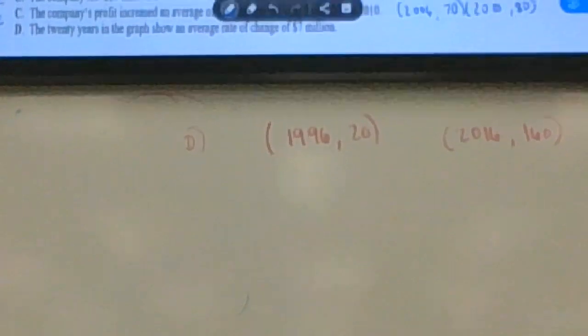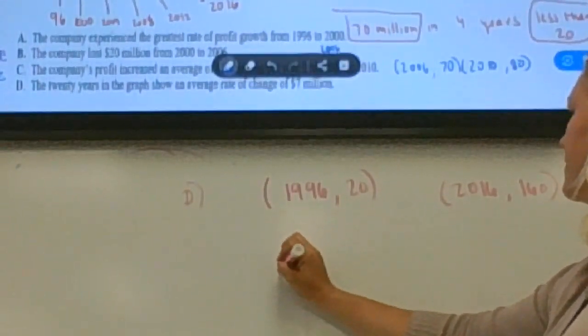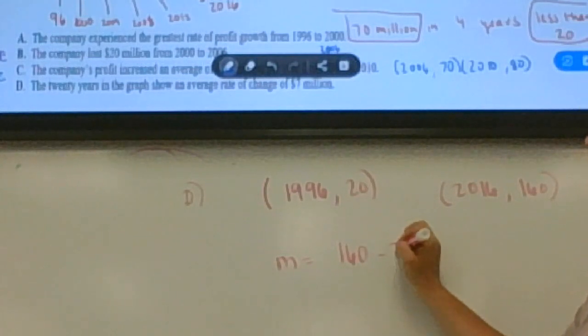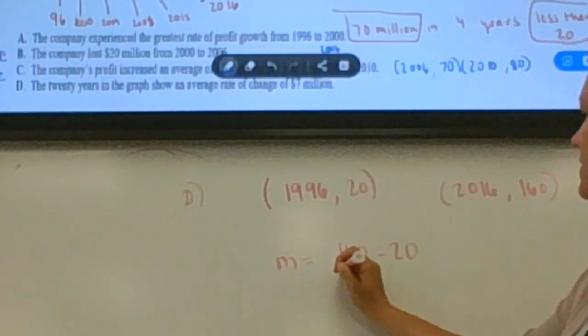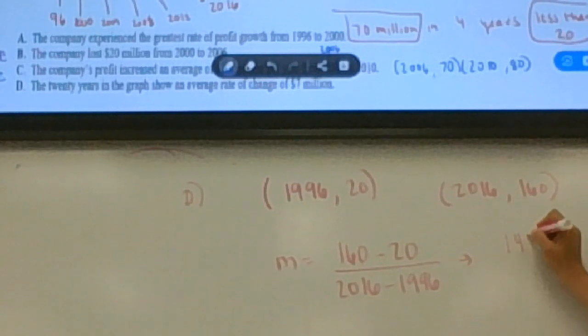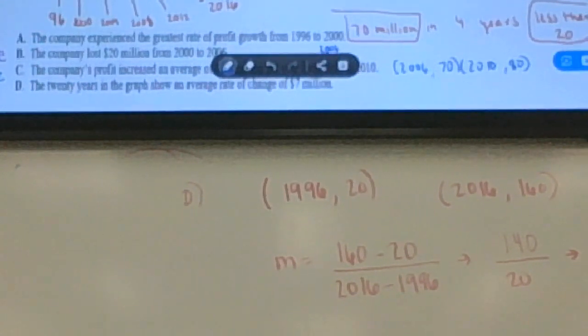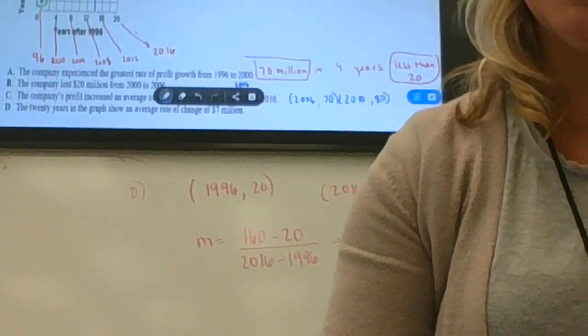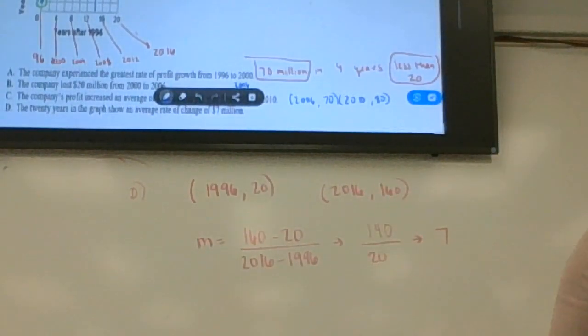Yep. It went from 20 million to 160 million. So letter D, 140 divided by 20 is just like 14 divided by 2. Letter D also proves to be true.